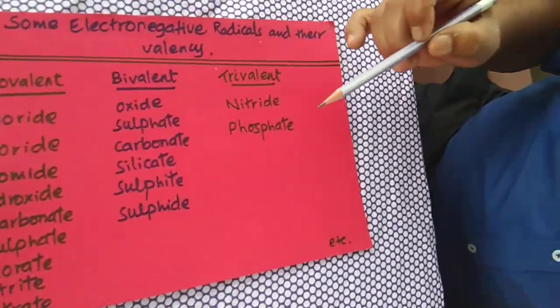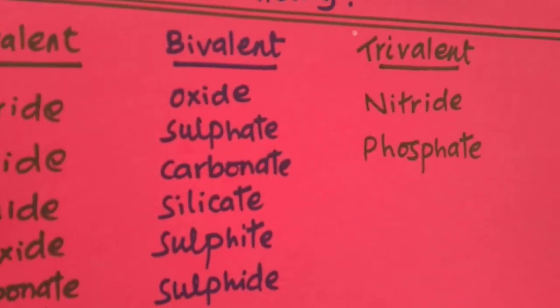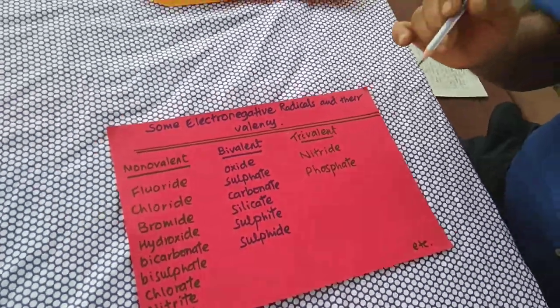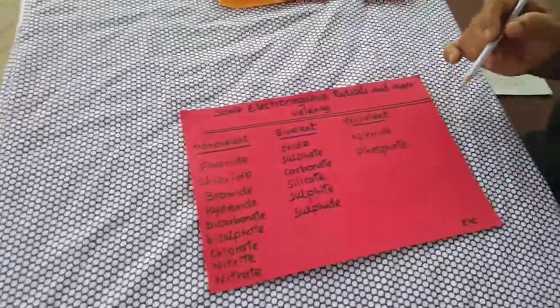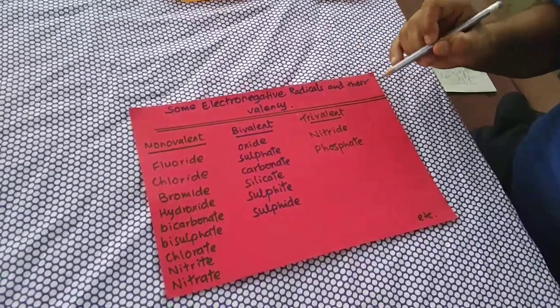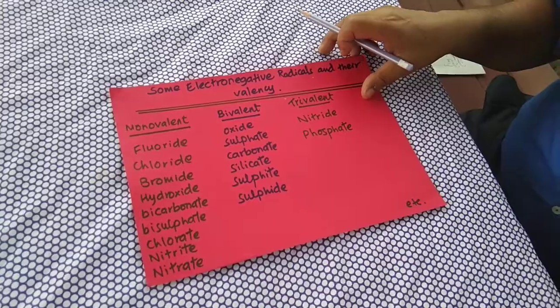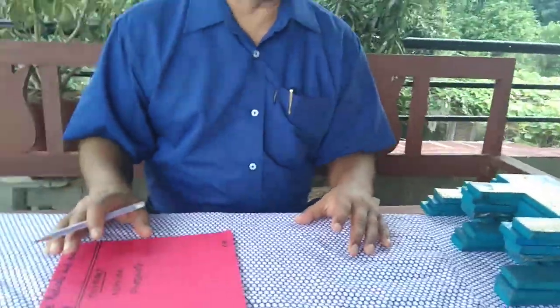Bivalent, that means valency -2: oxide, that is from oxygen, sulfate, carbonate, silicate, sulfite, sulfide, etc. And in the same way, we have the list of trivalent elements and radicals as well. So these are the prerequisite knowledge to derive the molecular formula of a compound.